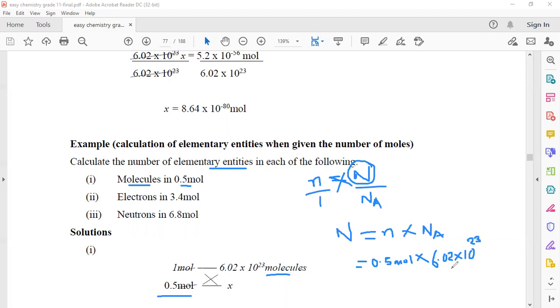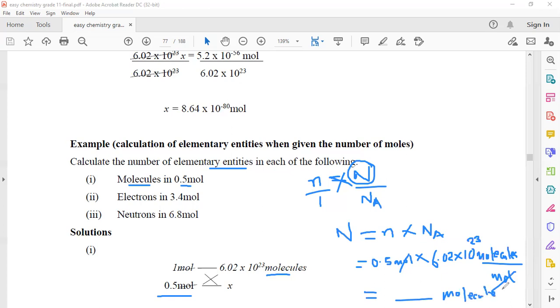So we are dealing with molecules, so this will be molecules per mole. So that the mole and mole will cancel. When you multiply, whatever you get when you punch will be the number of molecules.